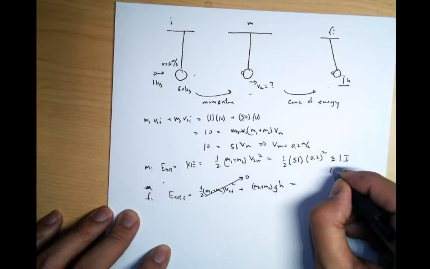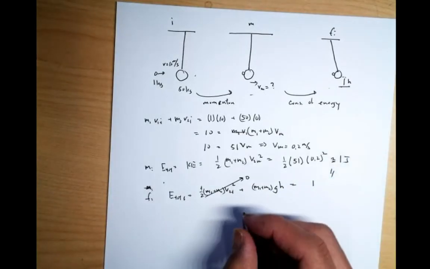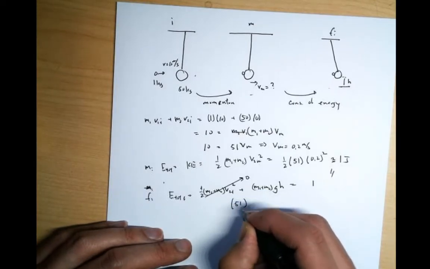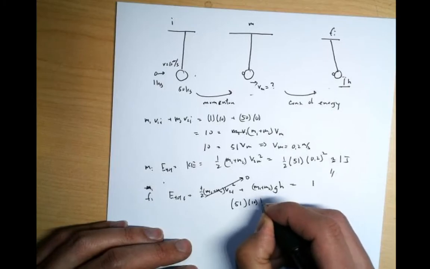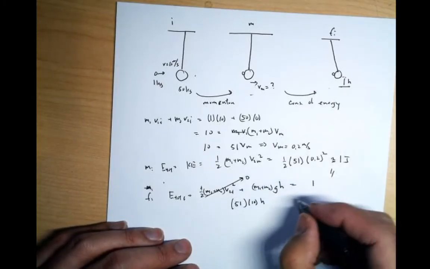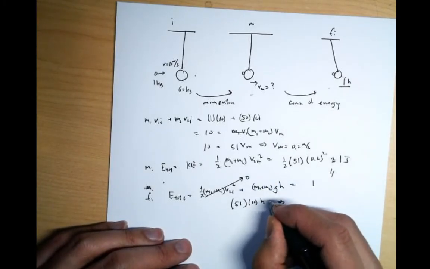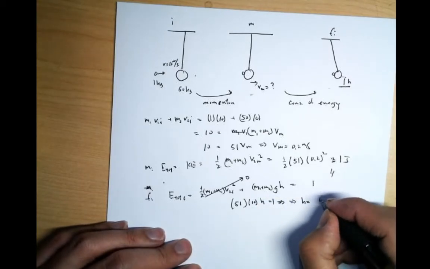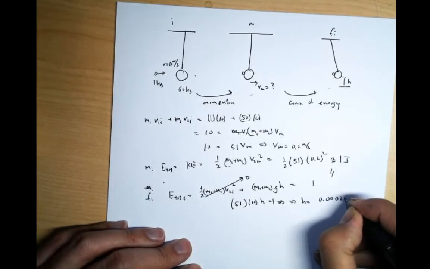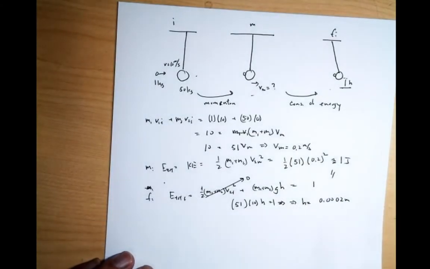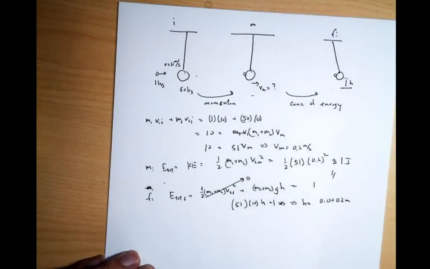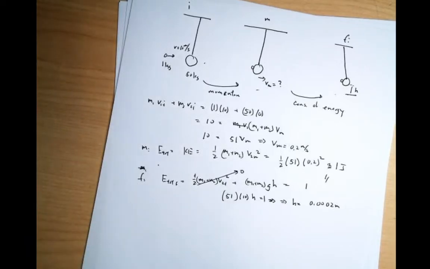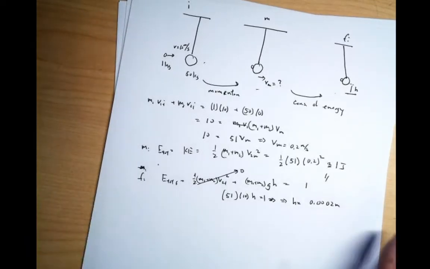And this will ultimately equal the middle energy, which is basically 1. So it's going to be 51, so 1 plus 50, times g is 10, times h is unknown, and this is equal to 1. So this will imply h is equal, if you do the math correctly, to 0.0002 meters. Okay. It swings, but not a huge amount, but the swing nevertheless. Okay. All right. So that's 2 things.